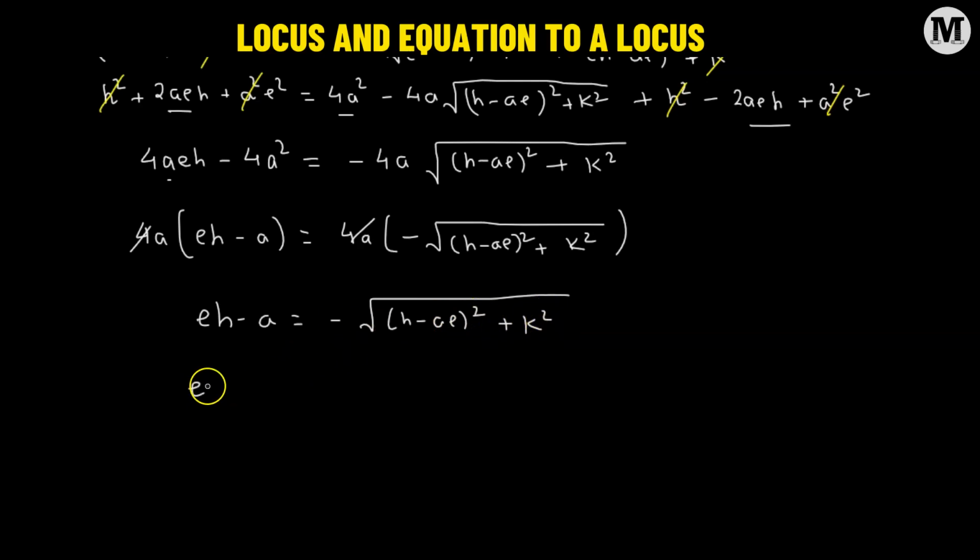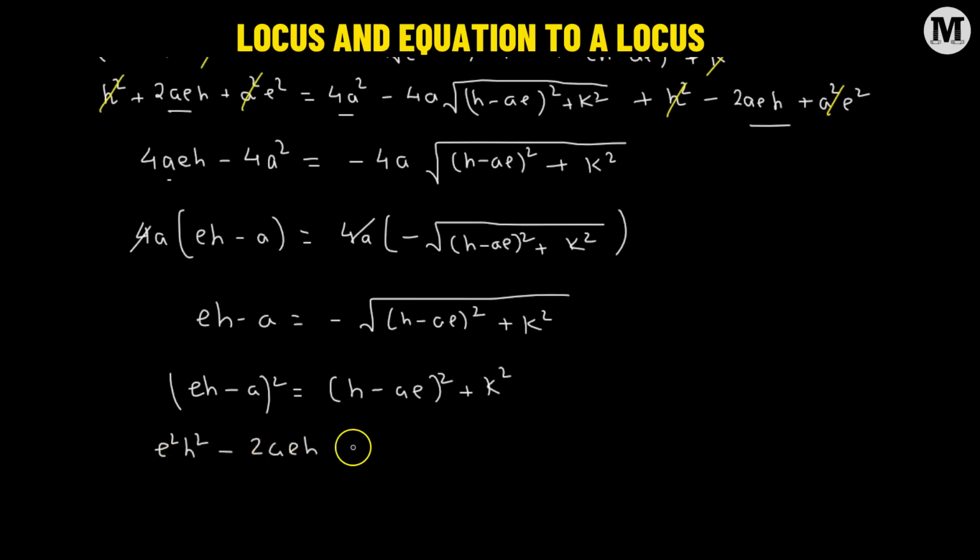Let's square both sides. Squaring both sides, we get (eh minus a) whole squared, which will be equal to (h minus ae) whole squared plus k squared. Now let's expand this. We get e squared h squared minus 2aeh plus a squared. This will be equal to h squared plus a squared e squared minus 2aeh plus k squared.